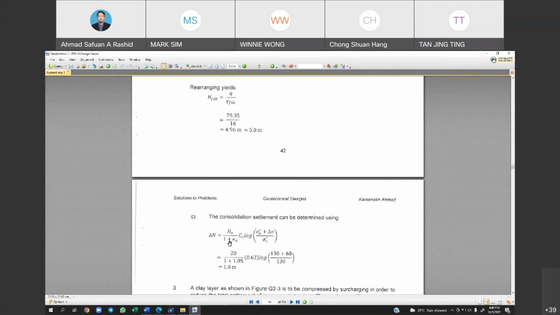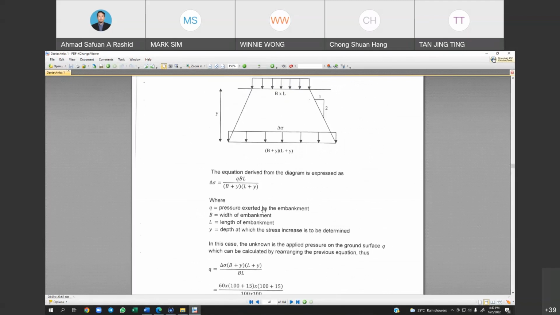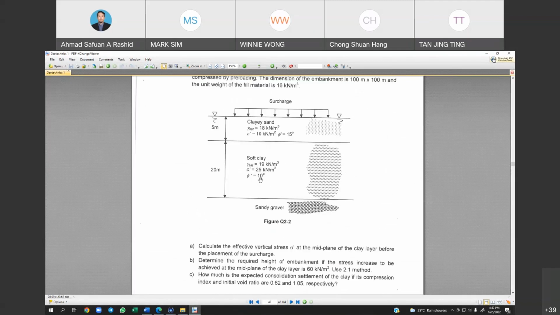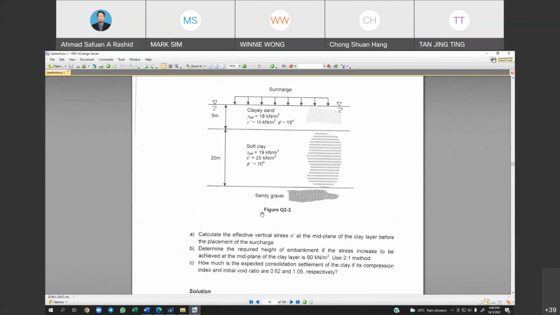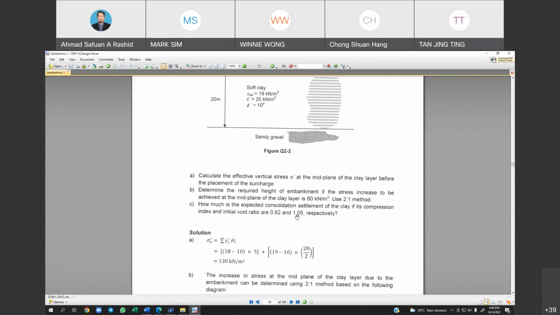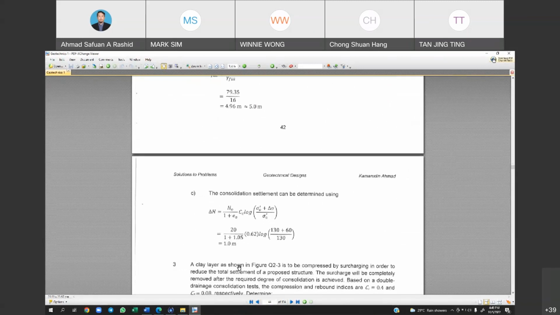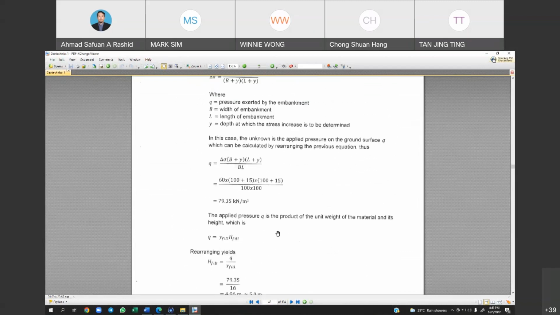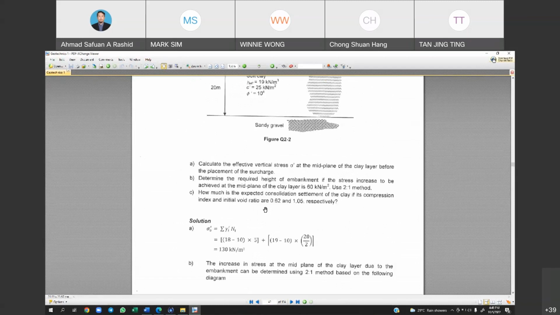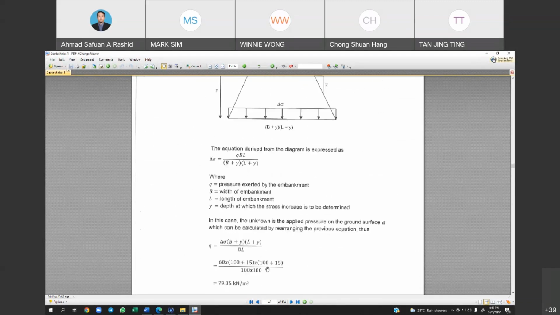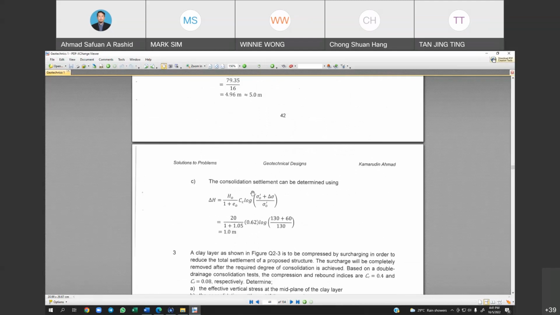Then 1 plus E naught, where E naught for the clay layer is given here as 1.05, and Cc is equal to 0.62, times log of effective vertical stress plus delta sigma over effective vertical stress.